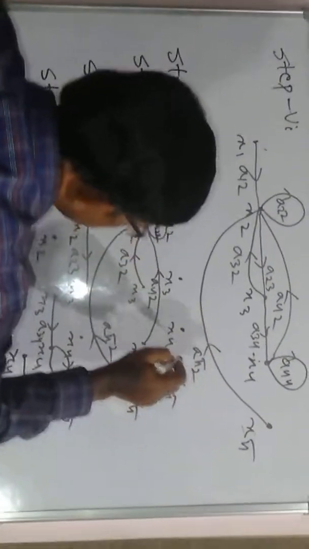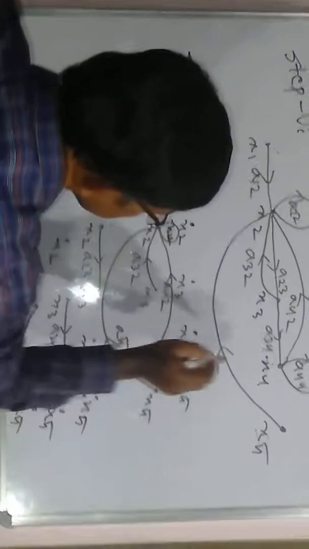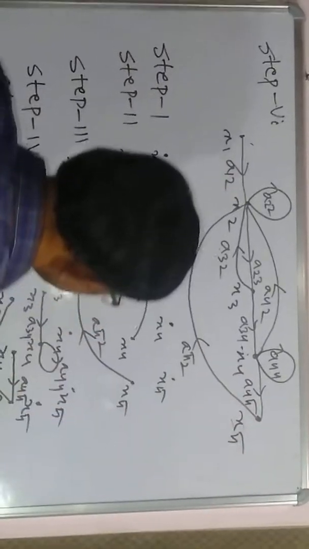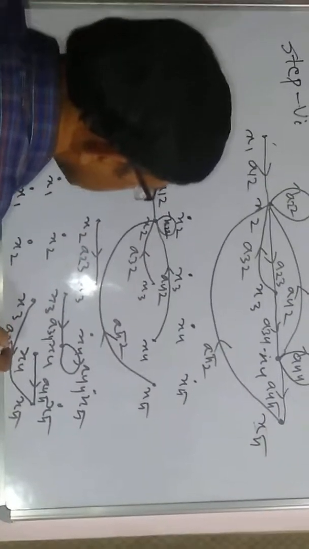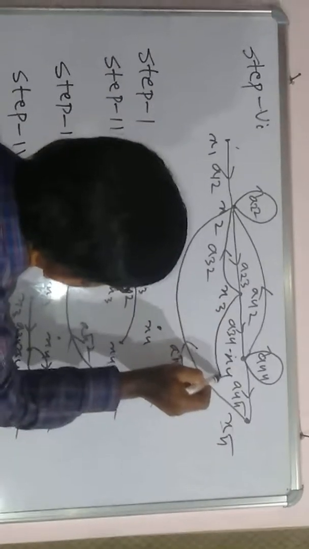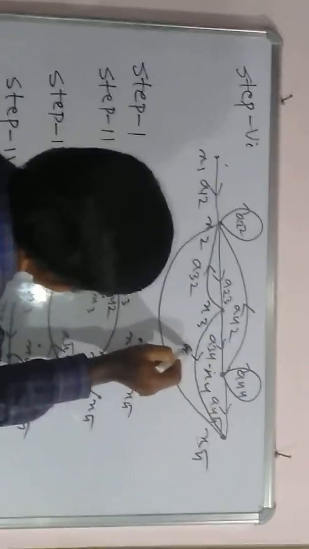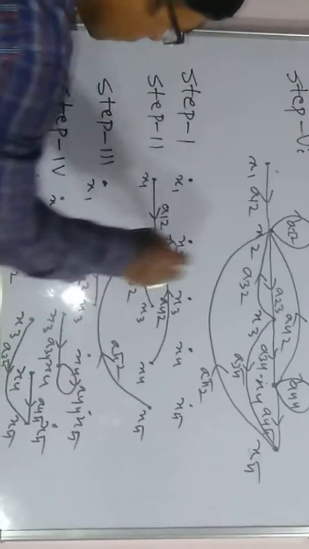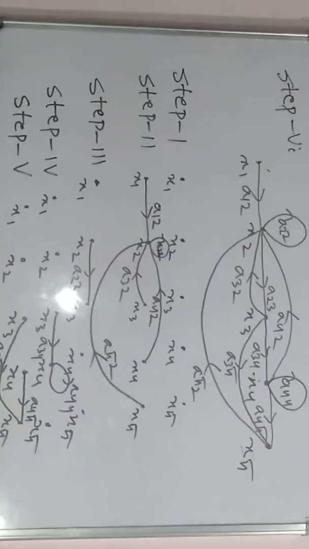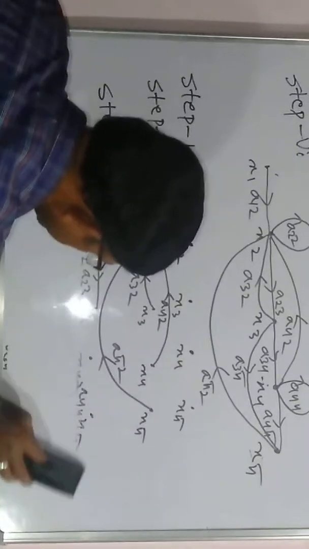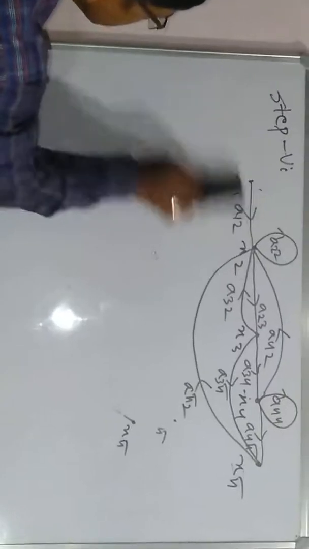So next you have to connect a45, and this is a35. So now this is the final signal flow graph for all four algebraic equations. Thank you very much for watching this video. Now you can easily construct the signal flow graph.